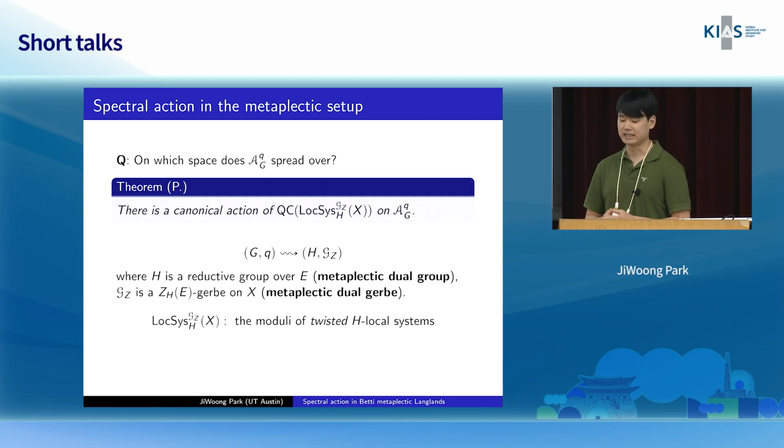The first one is the metaplectic dual group H, which is a reductive group over E. And the second one is a metaplectic dual gerbe, which is a certain gerbe over the curve X. And this stack of local systems is the moduli of twisted H local systems on the curve, where the data of twisting is given by this dual gerbe.